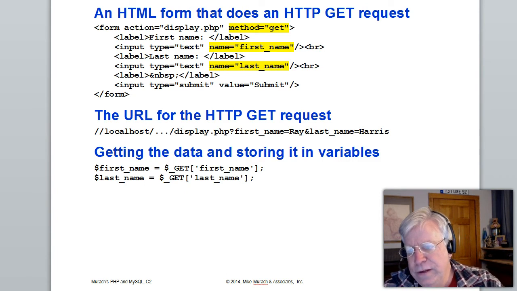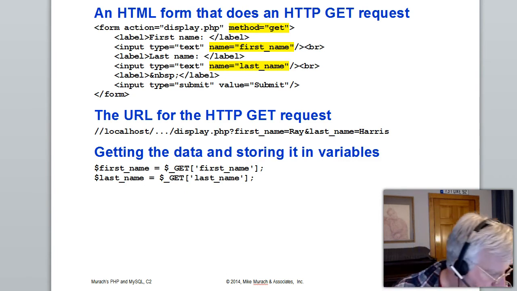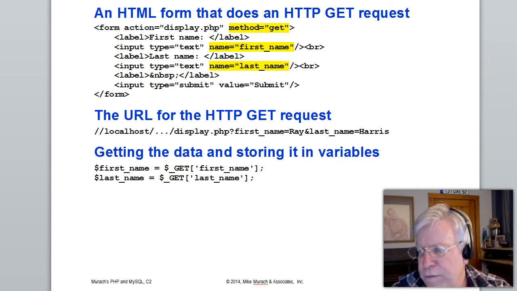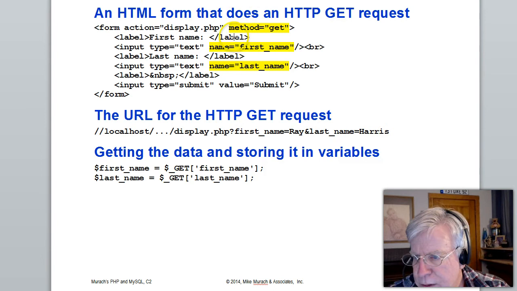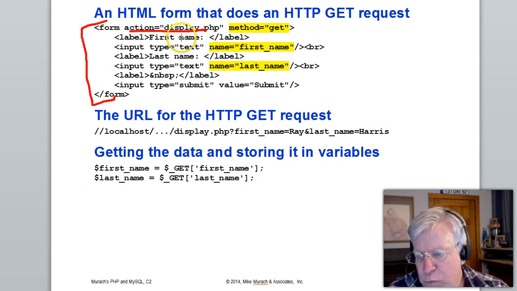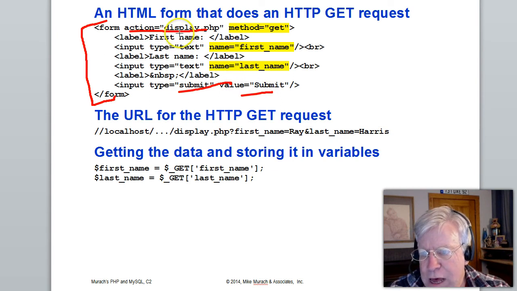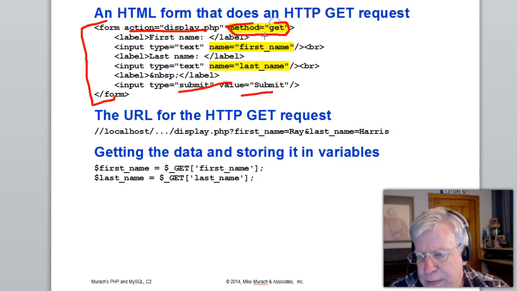Now, here's an example, and we're on page 54 and 55. Notice here, this is HTML code. It's basically a form. The action in the form says when you hit the submit button, I want you to run the program called display.php using the get method.